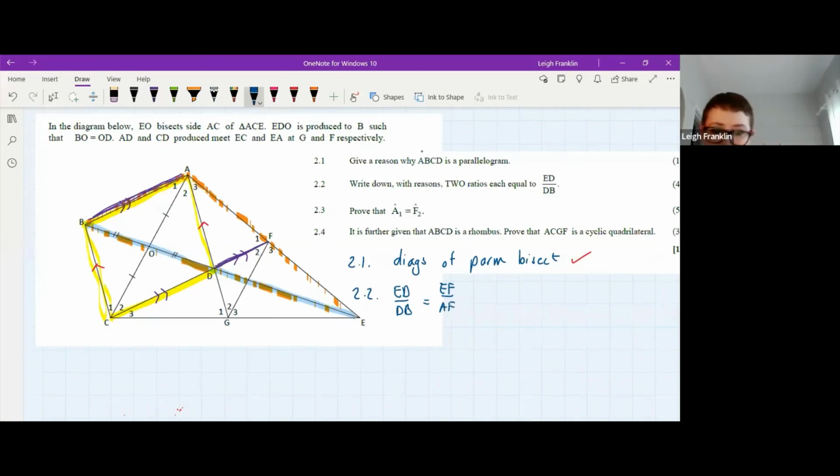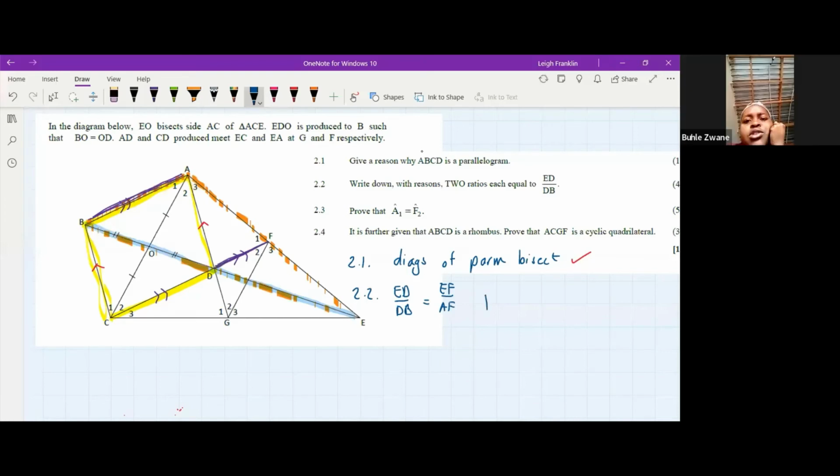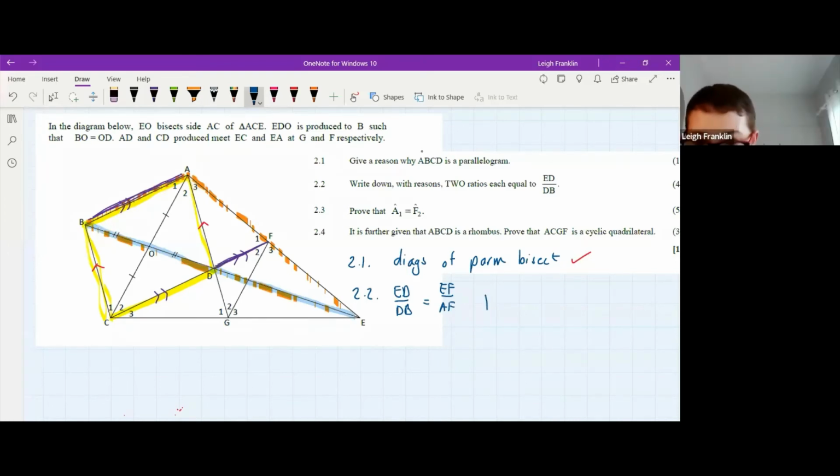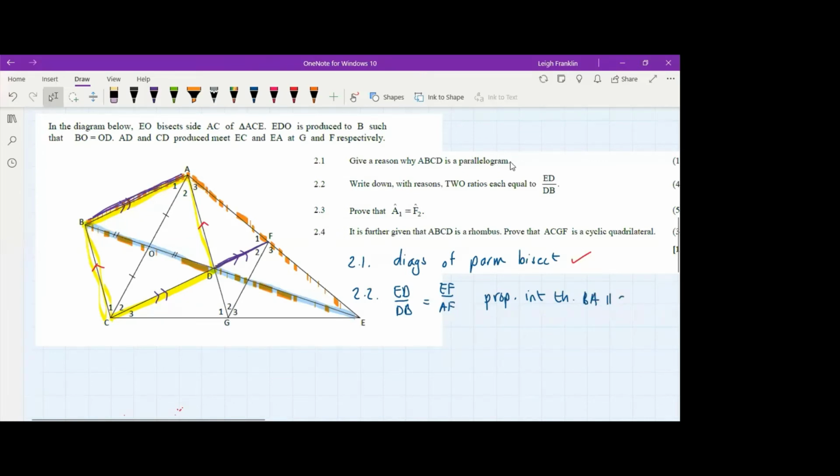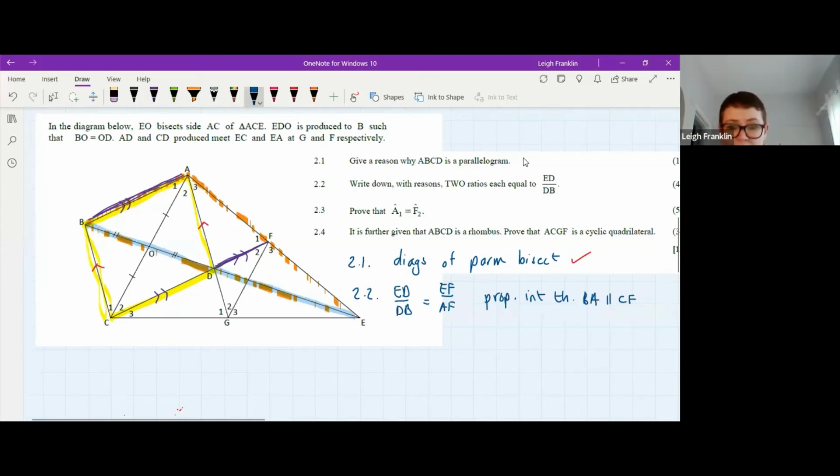And our reason for that? Proportion theorem, or line drawn parallel to one side of triangle. If we're saying proportion theorem, we must not forget to name the parallel lines. That's because BA is parallel to DF. Yes, or CF, perfect, 100%. That would be 2 marks, 1 for the answer and 1 for the reason.